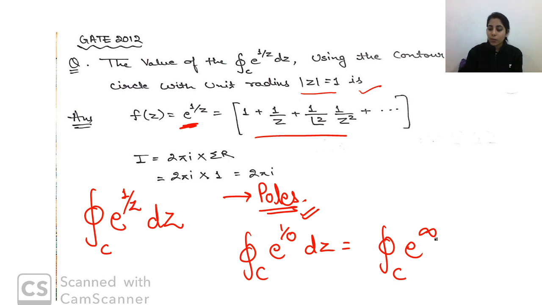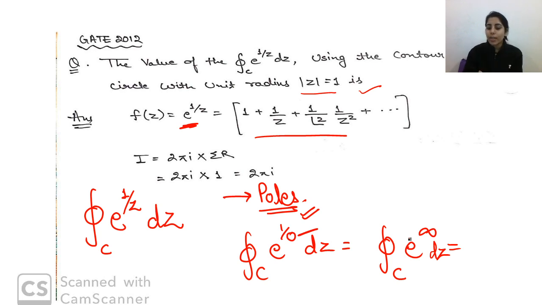What will be the value of e to the power infinity? That is infinity. So again, you can see it is telling you that z is equal to 0 is giving you the pole. This is the pole which exists here. Clear? So from here you have got to know about the pole, and that's how you can do it directly.